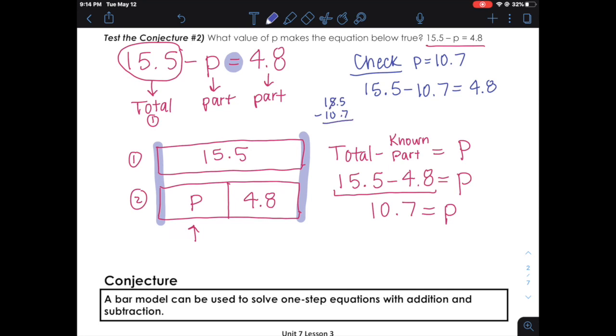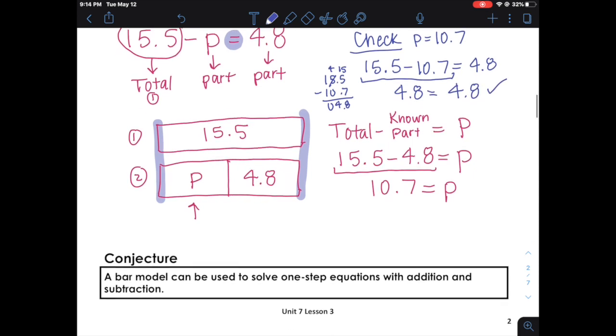I can't subtract from the 5, so I have to borrow from the 5 here, making that a 4 and turning this into a 15. Okay, 15 minus 7 is 8, 4 minus 0 is 4, 1 minus 0 is 0. So, yeah, we got 4.8. So this simplifies to 4.8. 4.8 is equal to 4.8.